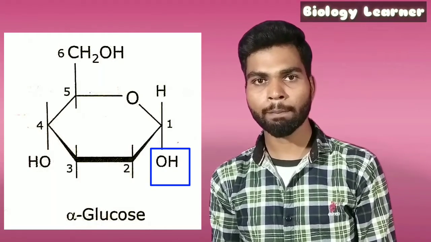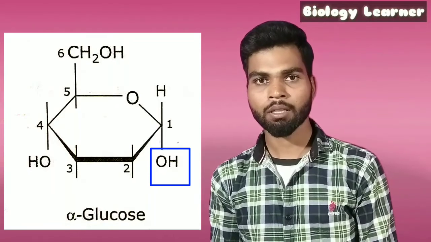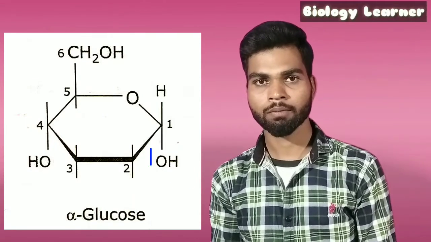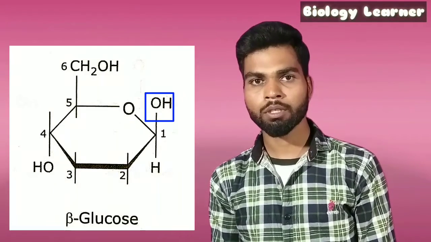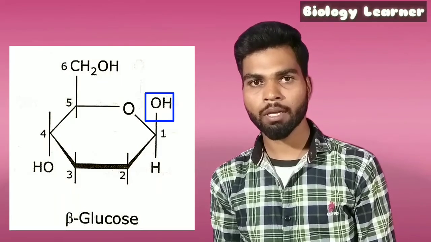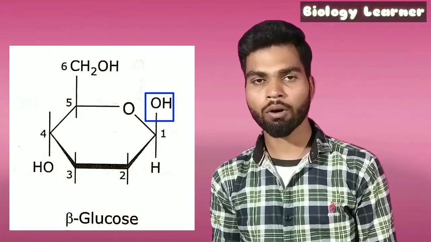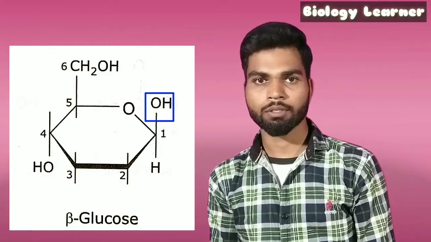When the hydroxyl group at anomeric carbon is below the plane of the ring, then it is called alpha position. But when the hydroxyl group at anomeric carbon is above the plane of the ring, then it is called the beta position. The alpha and beta configurations are called anomers.